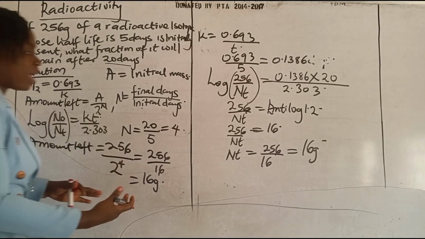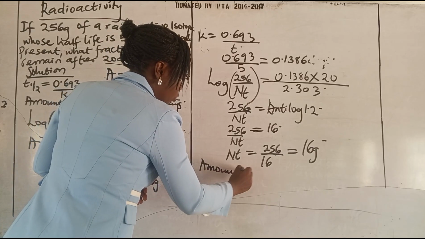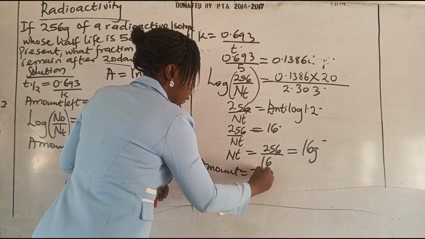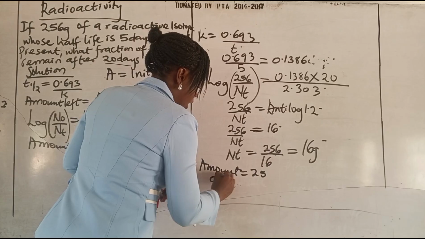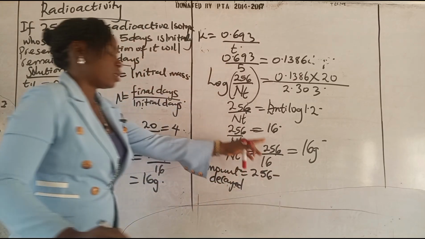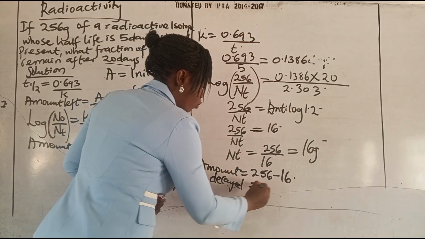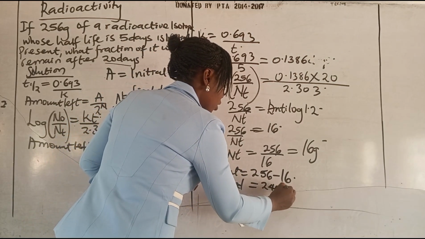So if you are being asked to calculate amount decayed, amount decayed is going to be 256 minus the 16 that was gotten. So we will have 240 grams.